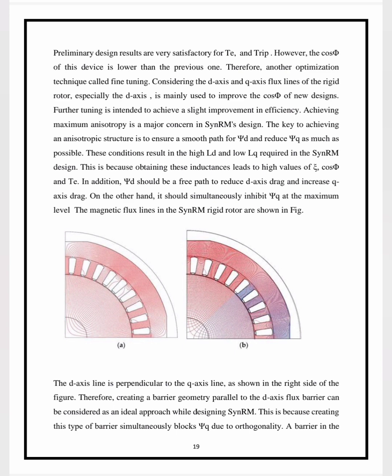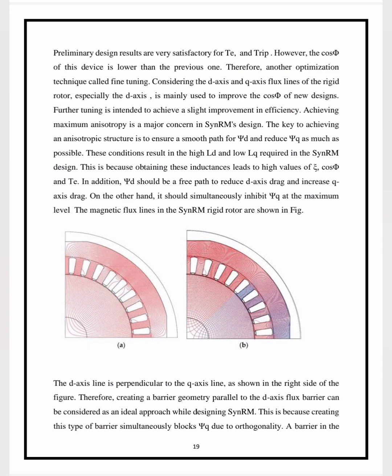The key to achieving an anisotropic structure is to ensure a smooth path for psi D and reduce psi Q as much as possible. The condition results in high LD and low LQ. It means the insulation ratio for D should be high and for Q should be low, as required in the CNRM design. This is because obtaining these inductances leads to high values of efficiency, cos theta, and output torque.